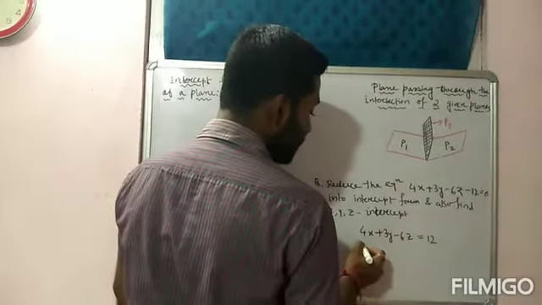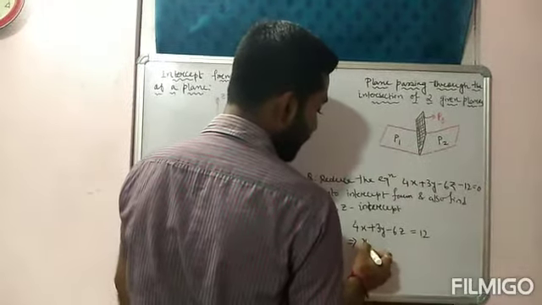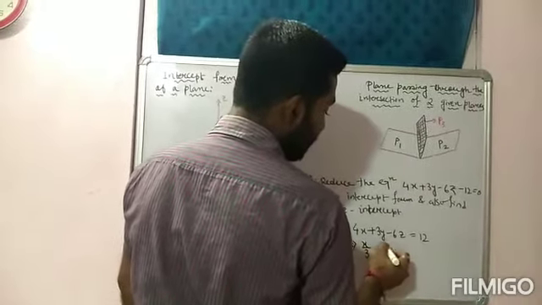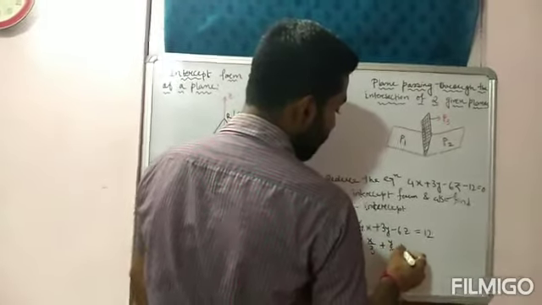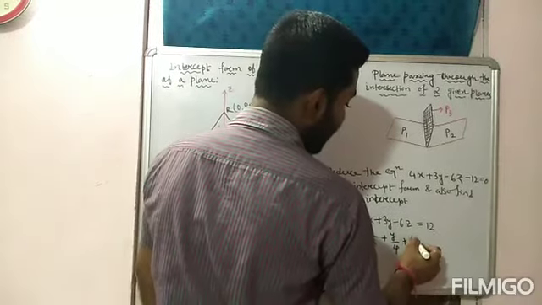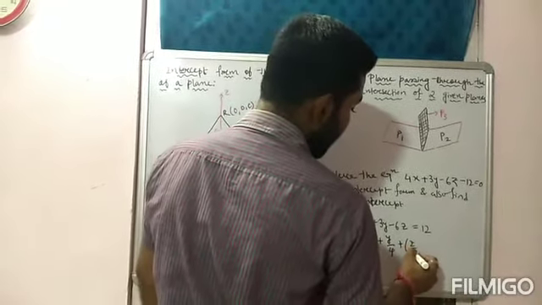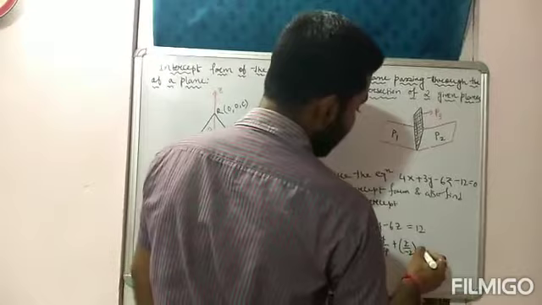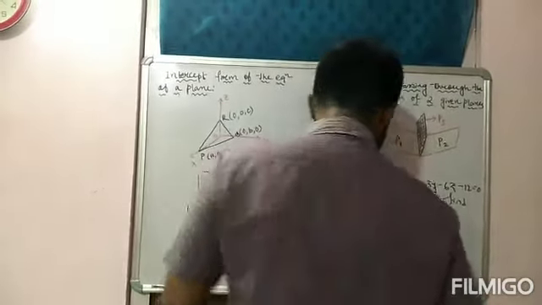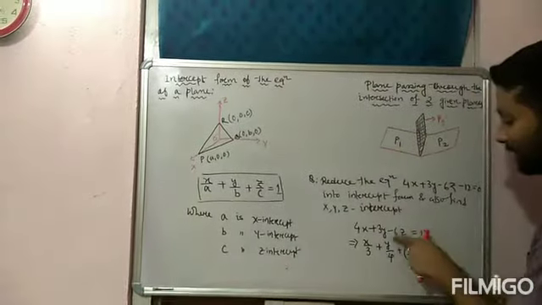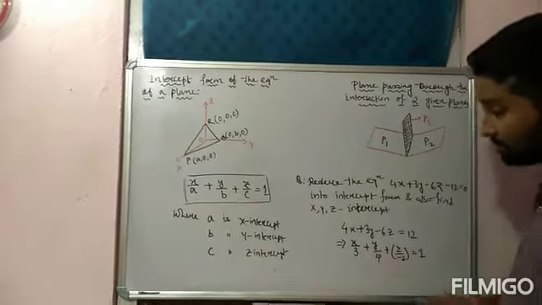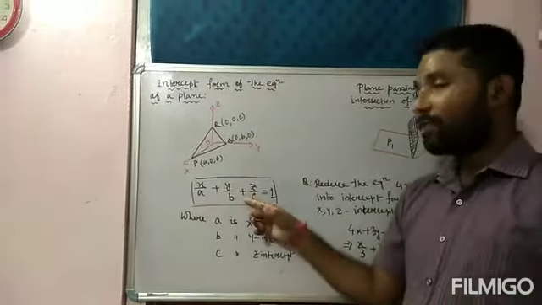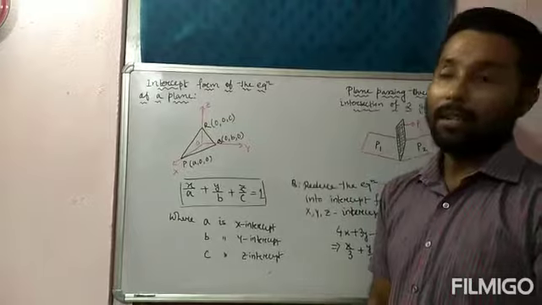So if you divide both sides by 12, then the first term will be x by 3 plus y by 4 plus of minus z by minus 2. This is equal to 1. So why do we need to write the third term like this? Because in the standard equation there is no negative sign.